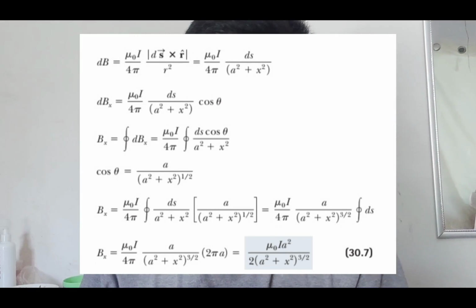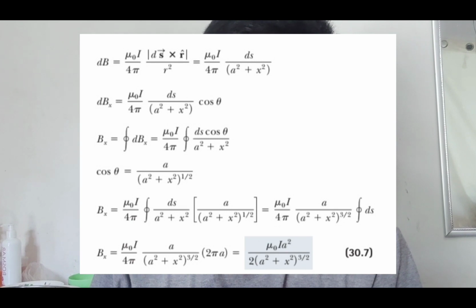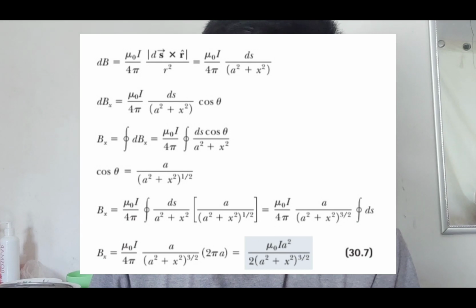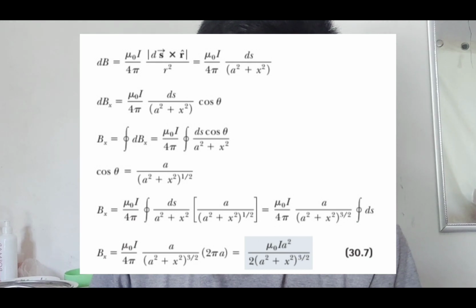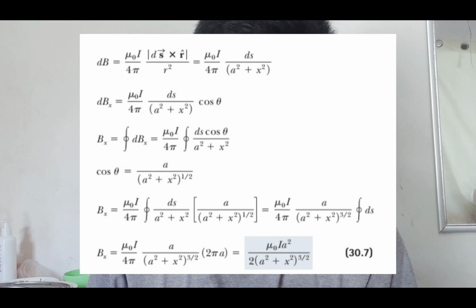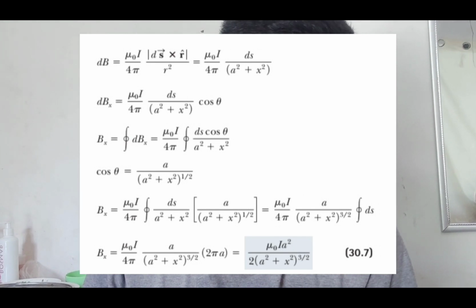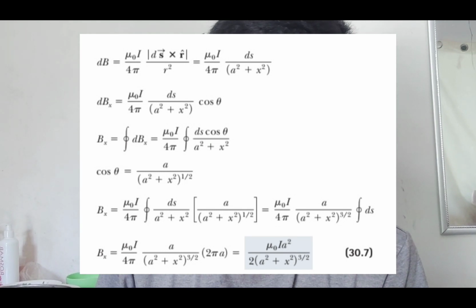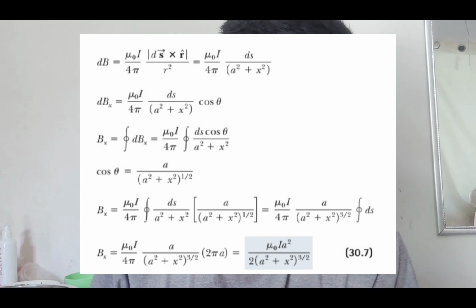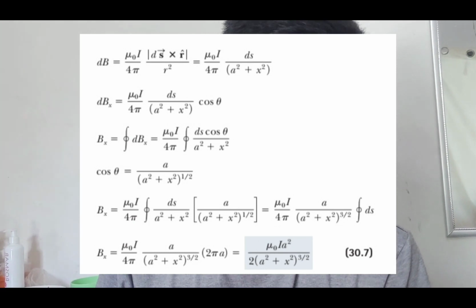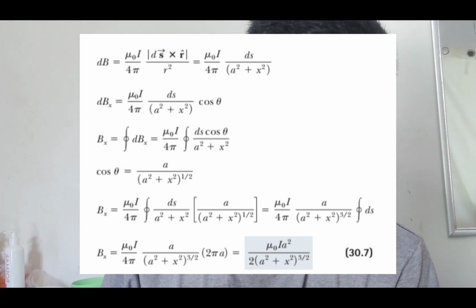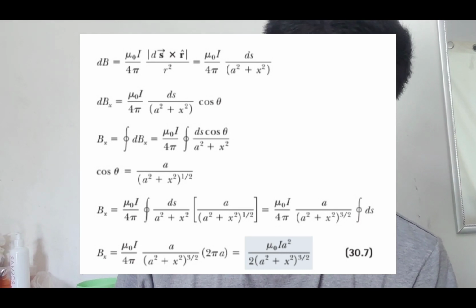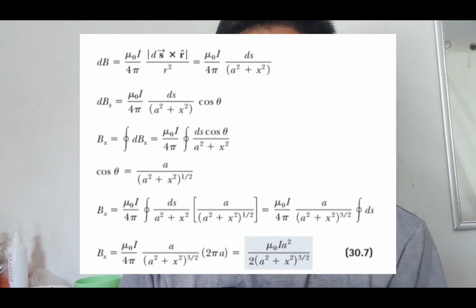So B sub x equals mu sub 0 I over 4 pi times the closed-surface integral of ds over a squared plus x squared times a over a squared plus x squared to the power of 1/2, which is equal to mu sub 0 I over 4 pi times a over a squared plus x squared to the power of 3/2 times the closed-surface integral of ds.